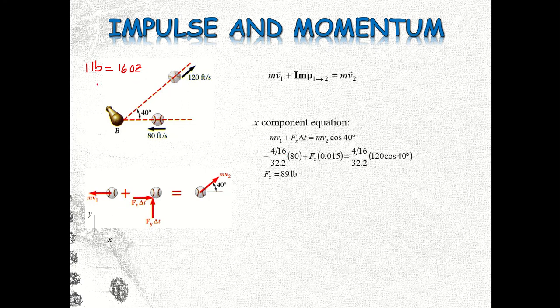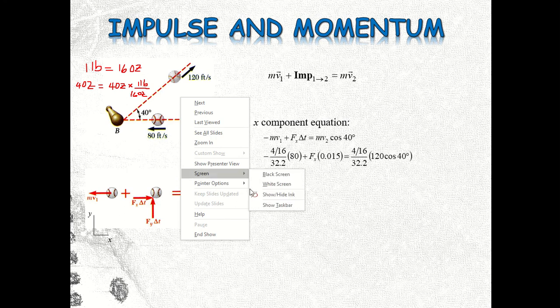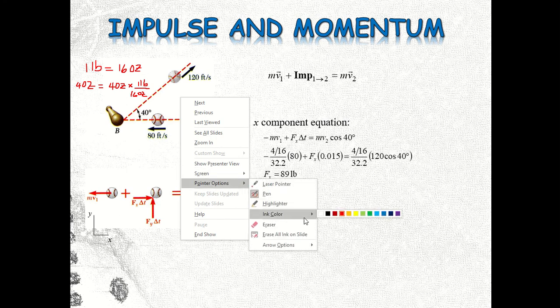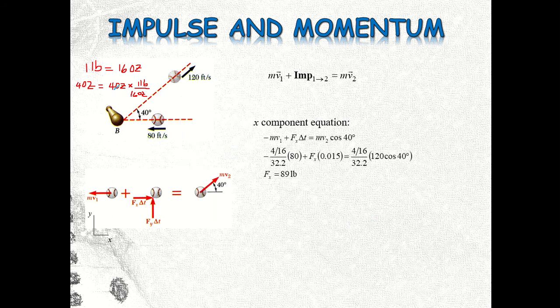If you have 4 ounces, to convert this into pounds, multiply this by 1 pound over 16 ounces. We have ounces at the numerator and ounces at the denominator, so they cancel out when you divide. So we have 4 over 16 pounds.